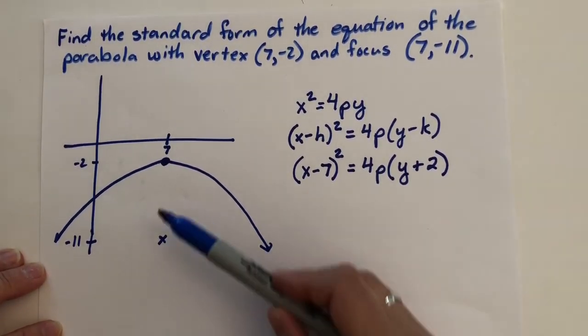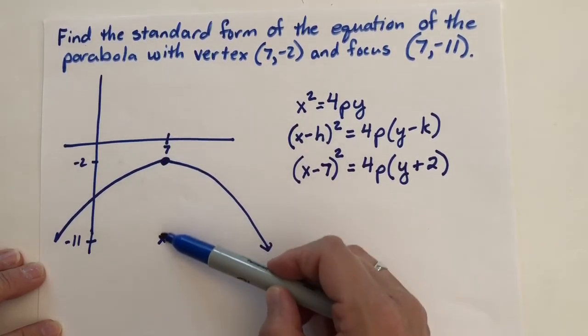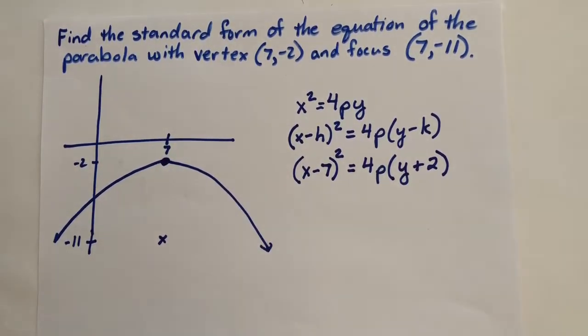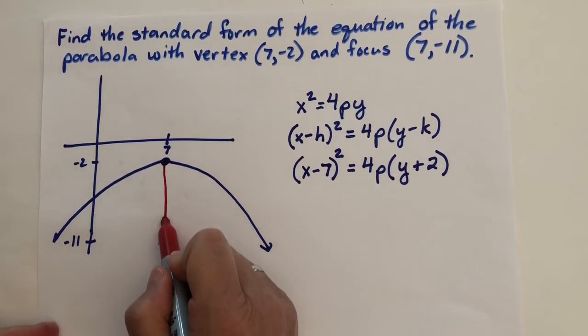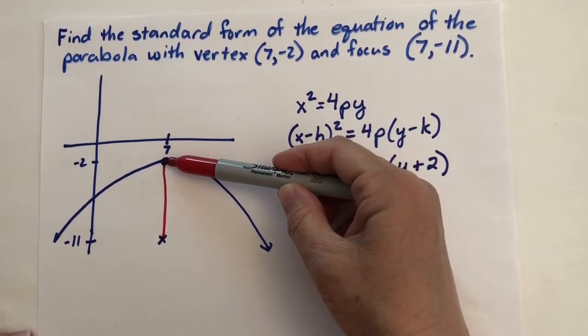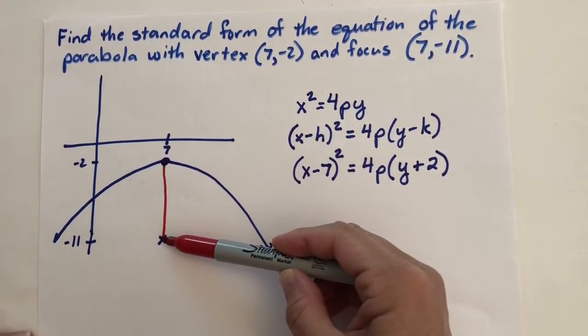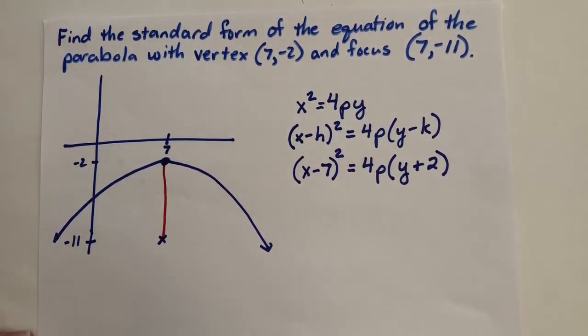Now we're looking here for the p value. It's opening down, so we know it will be negative. But we're concerned about this distance from the vertex to the focus. Notice we're up here at -2. We're going down to -11. That's 9 units.